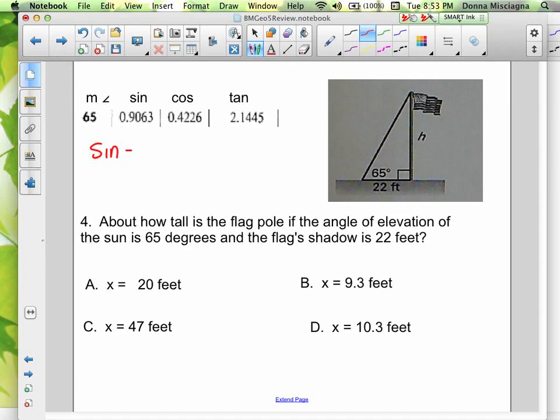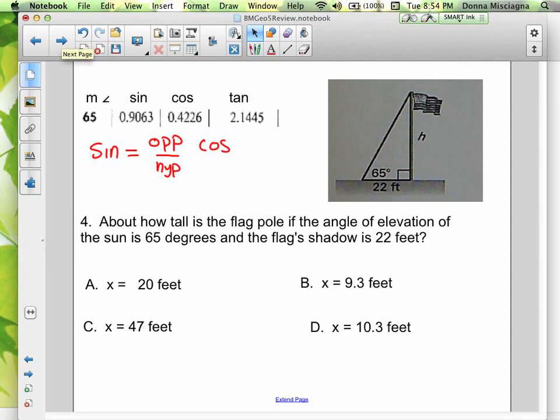Remember, sine uses the opposite and the hypotenuse. Cosine uses, and I really should put, we have to take the sine and the cosine of something, so I should really put the angle in there. So I'll just put in an A for angle. Sine of the angle is the opposite over hypotenuse.